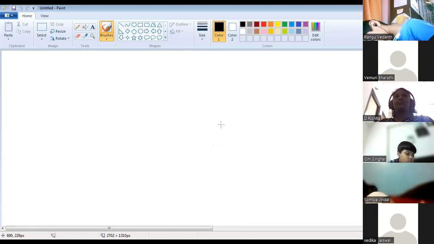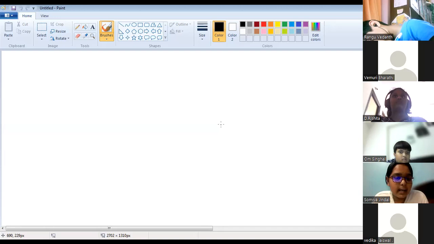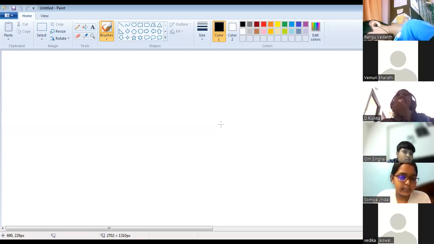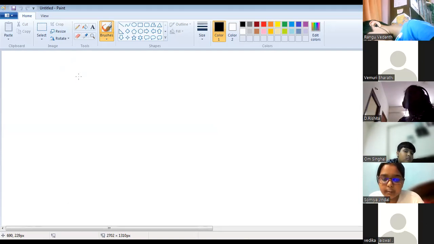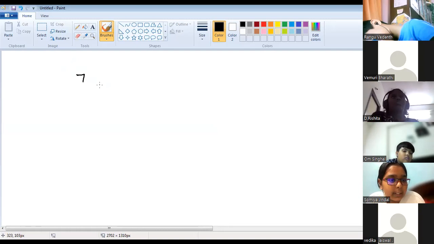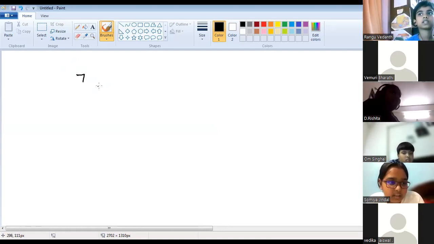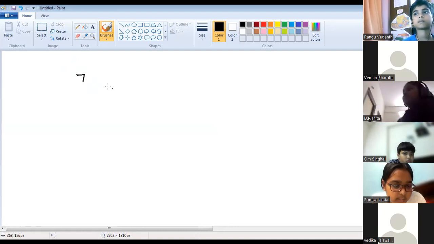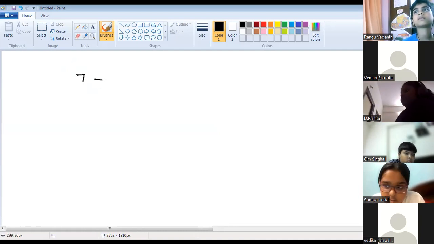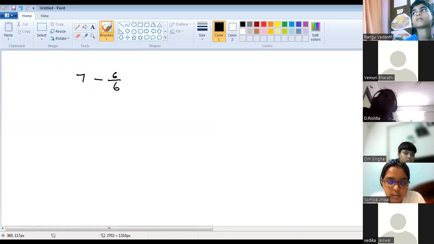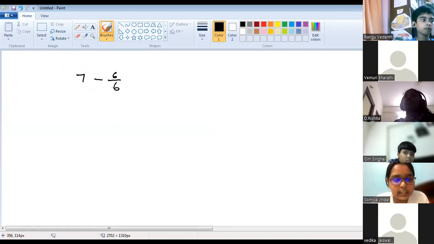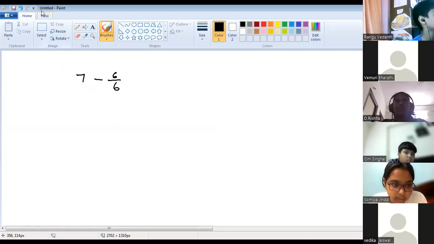Ma'am, I have a doubt in mixed fractions. Suppose in a mixed fraction the whole number is 7, and the fraction is like a full fraction, like 6 by 6. Is it correct, 7 and 6 by 6?